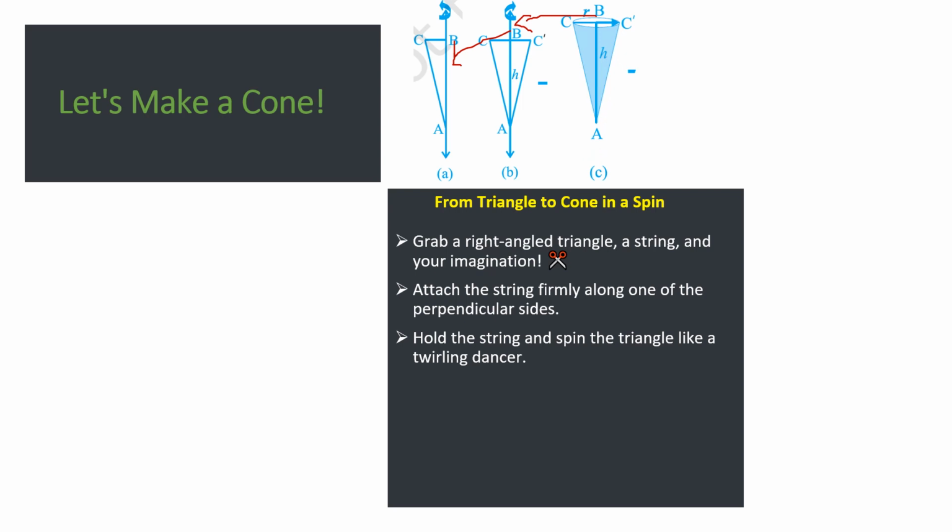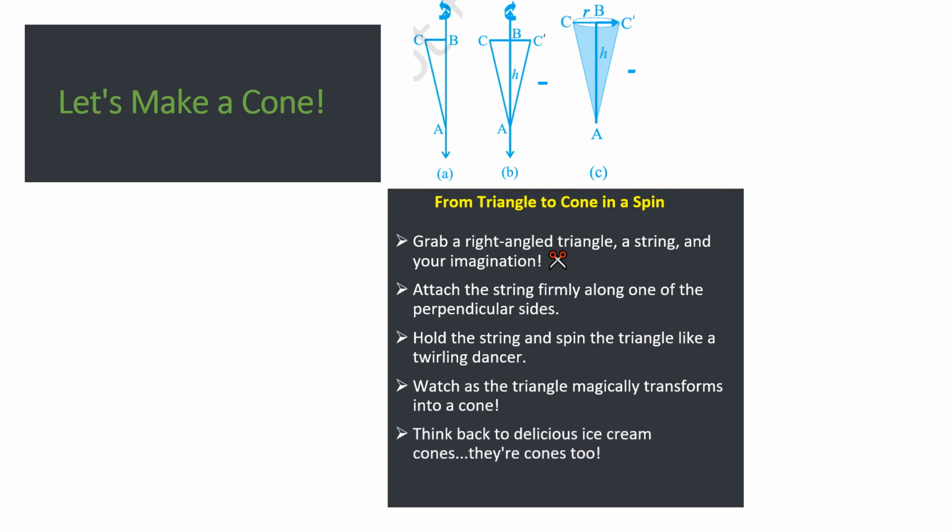What will you get to see? Watch as the triangle magically transforms into a cone. See this image, you can see it, right? The first one was a triangle, and when you are spinning it, it magically transforms into a cone.